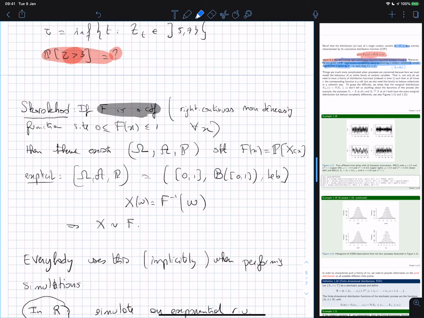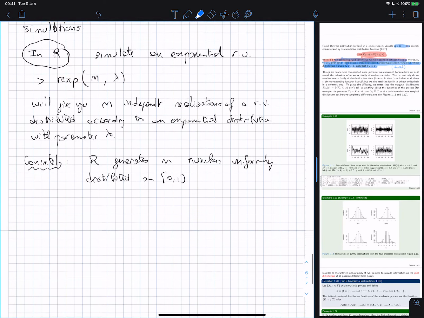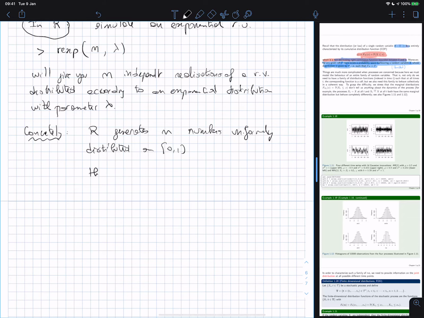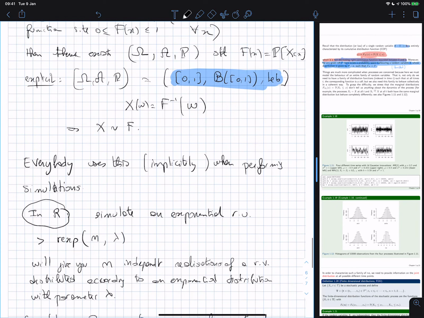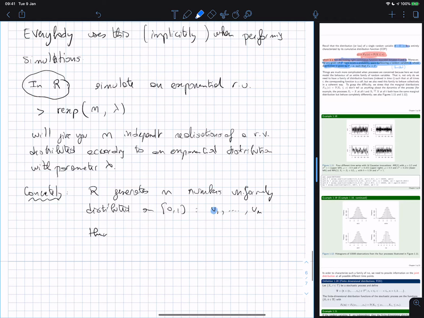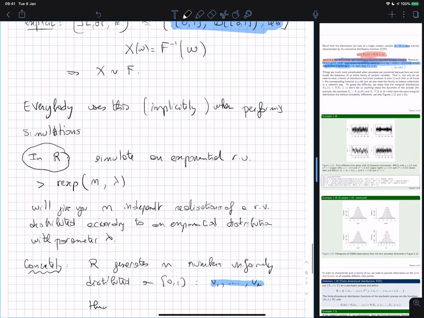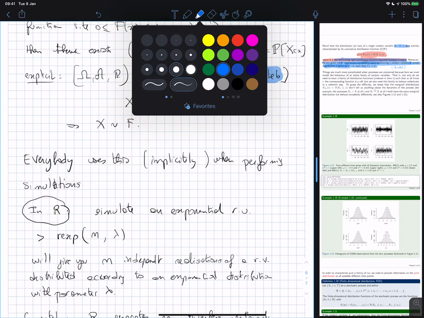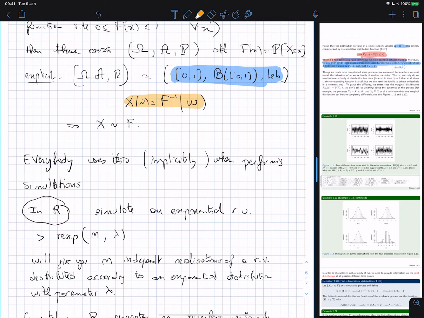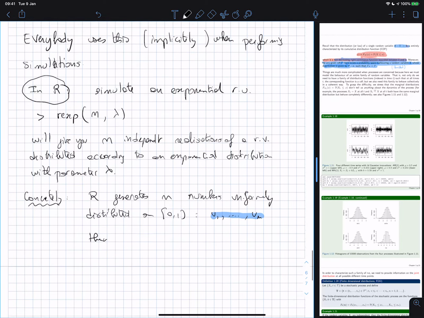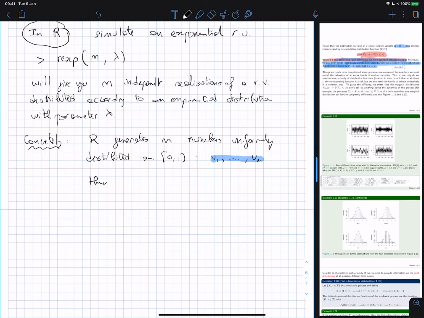That's what's here. It's a uniform distribution on 0, 1. So this would be U1 up to Un, these guys. That would represent what I've put in blue here. And then it simply computes what I've written here in orange. It simply computes X, which is given by F minus 1 of the uniforms.